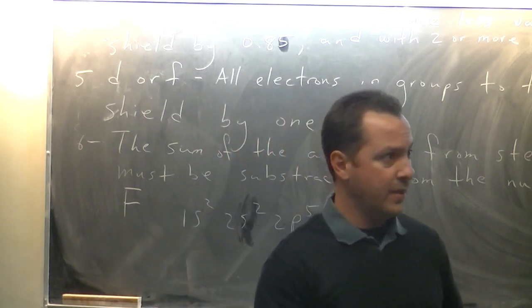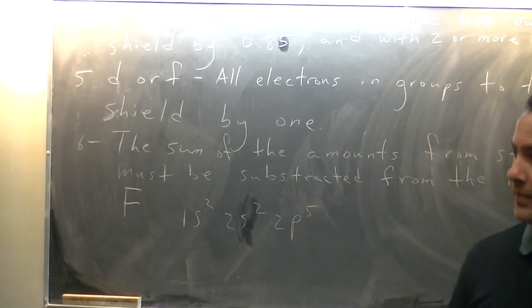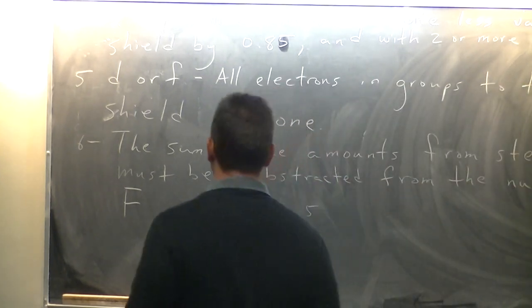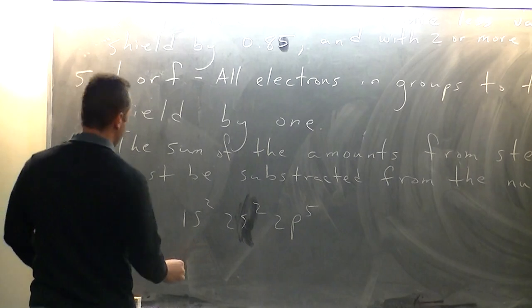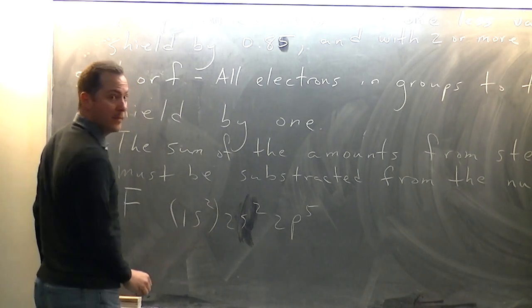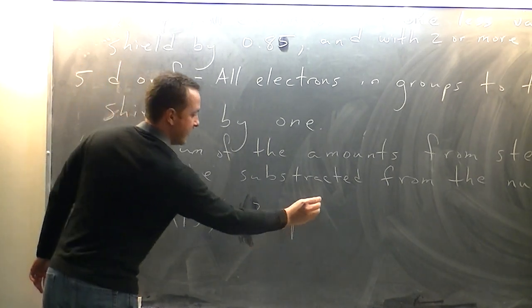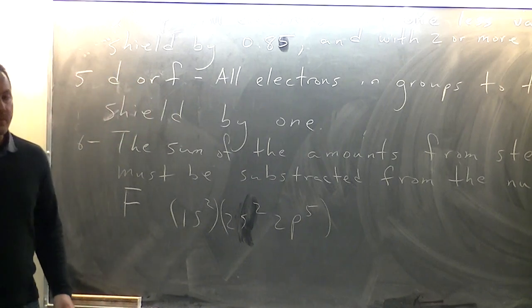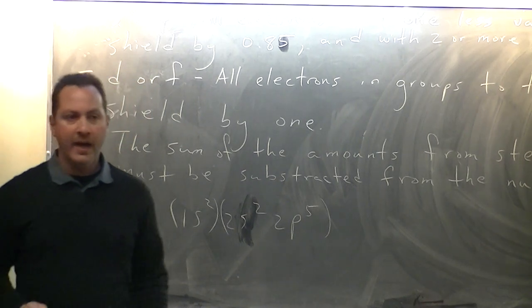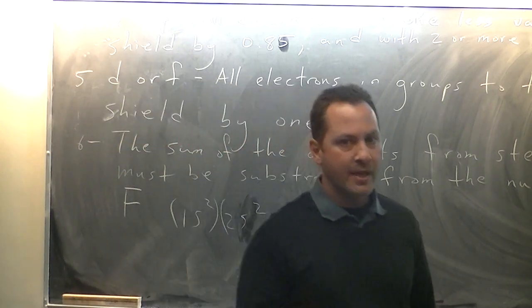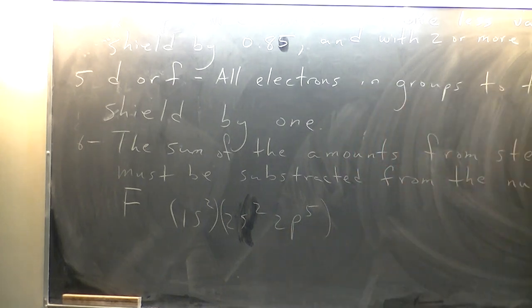So once I have it there, then what do I need to do? The parentheses, right? So where do I put the parentheses? Always one here, and then the other here. So I'm asking you to calculate the effective nuclear charge of an electron in the valence shell of fluorine.